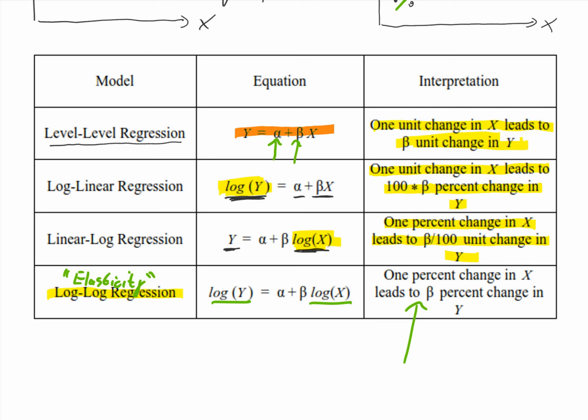A 1% change in x leads to a beta percent change in y. In other words, given something is changing by a certain percent, how much is something else changing by that percent? That's exactly what our interpretation is for elasticity. So that's pretty much it for logs.